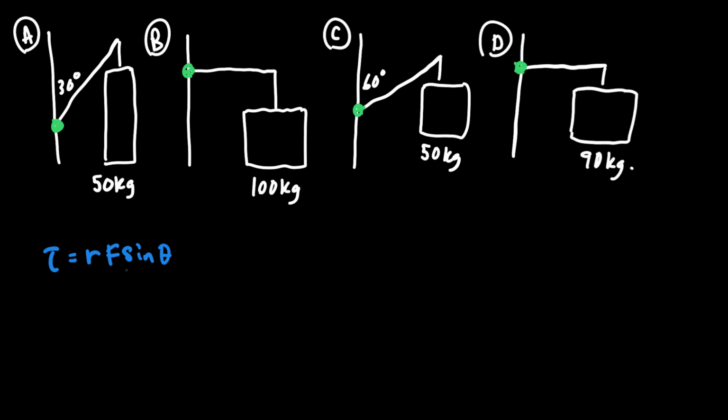If that's the axis of rotation, then how are R and F defined? F, the force that would cause a torque, which might cause rotation in any of these examples, would be due to the weight of the sign. And the weight of the sign we would normally draw as something like this.